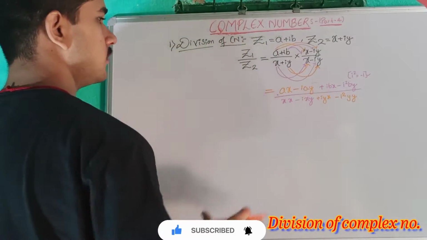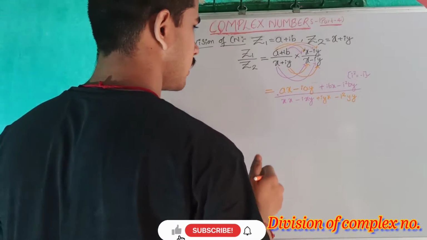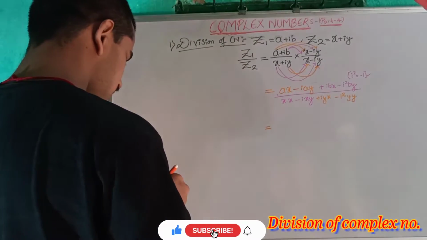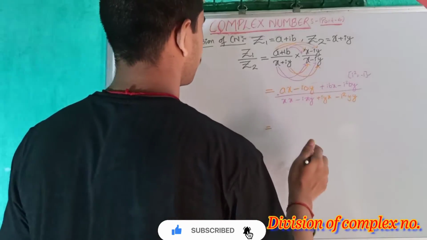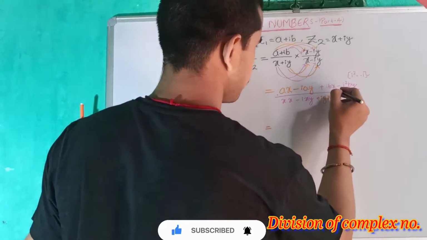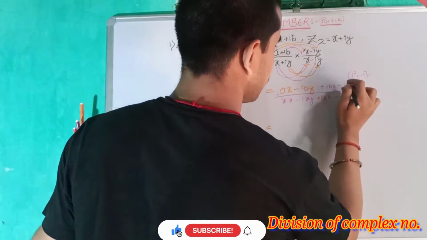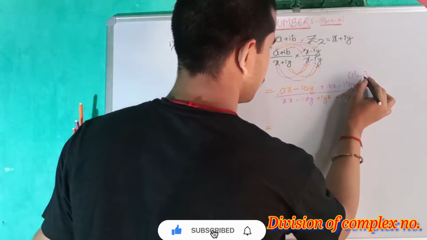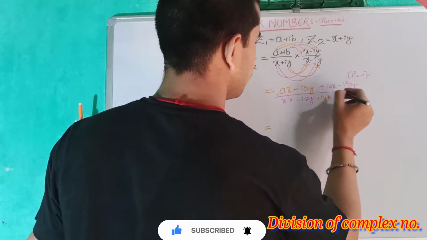So this is the proper format. Now writing it in a standard manner will give us still shorter and a clear idea about the division of complex number. Let's write it in the proper manner now. Standard manner, that is a general form of division of two complex numbers. So doing it now, see, this ax and this one will become again positive, because value of iota square is minus 1, so minus 1 into minus 1 becomes plus, and plus by.